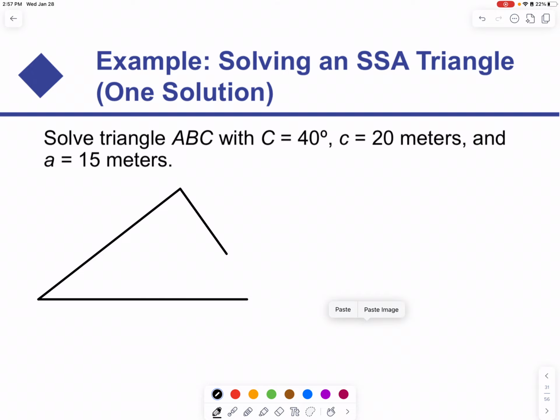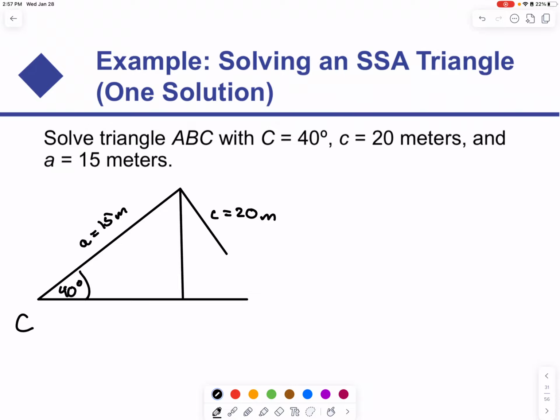Let's see, our given angle is C, so we're going to put that here. Then the opposite side, this lowercase c, goes here at 20 meters. And then the interior side is A at 15 meters. So now we need to find our height.